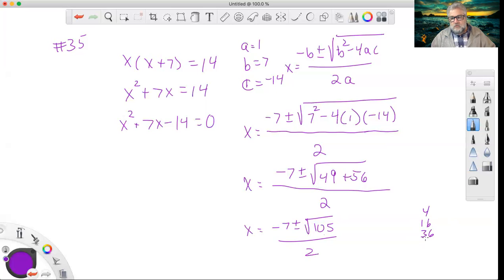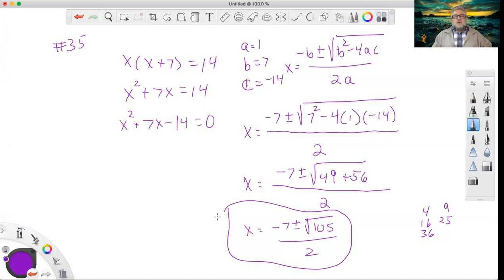So no even numbers, so that leaves odd numbers, 9, and this is not divisible by 9. You get lots of decimals. So 9, 25, it's not going to work. 36, 49, that's not going to work. So this can't be simplified. So here's our answer.